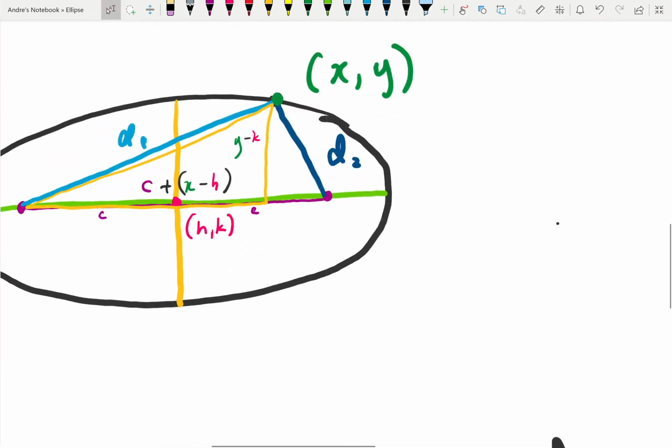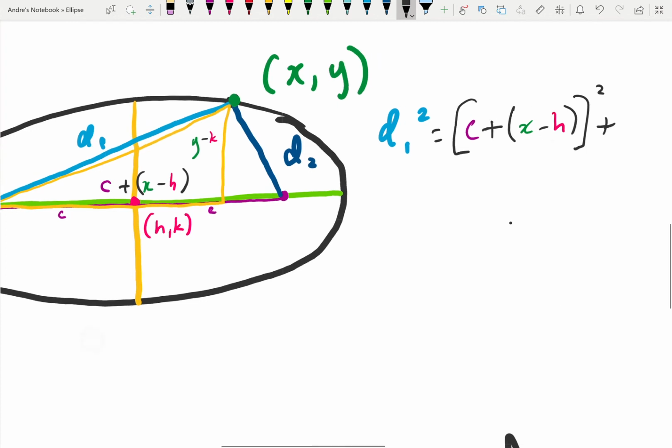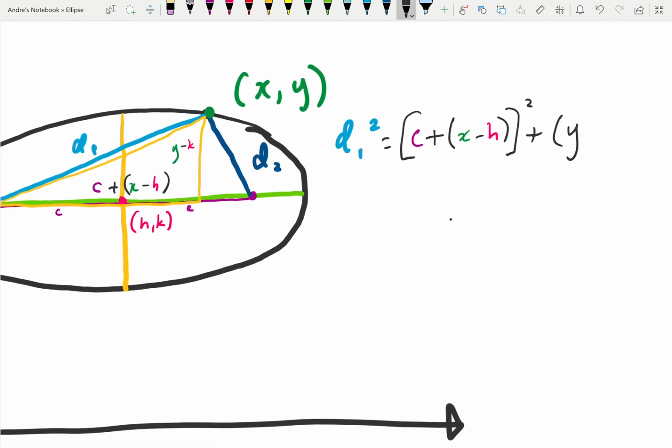So we can now apply Pythagoras' theorem and see that d1 squared is equal to (c plus (x minus h)) all squared, that's the length of the horizontal side, plus the length of the vertical side squared, so easily (y minus k) squared.